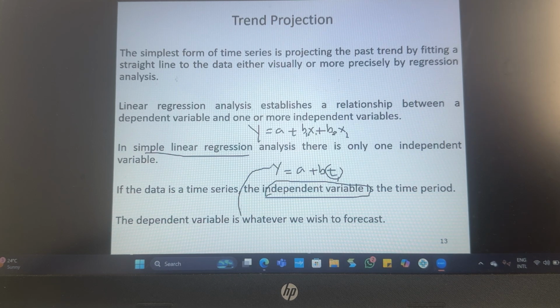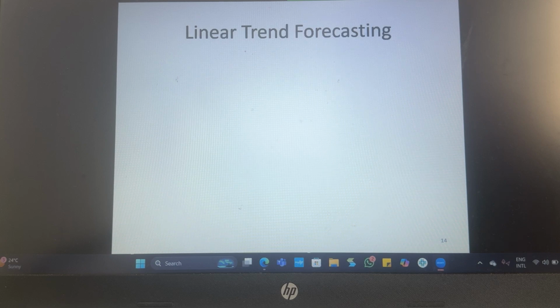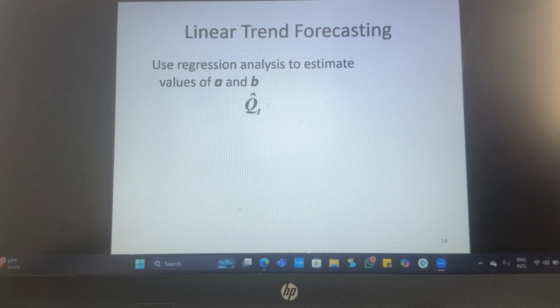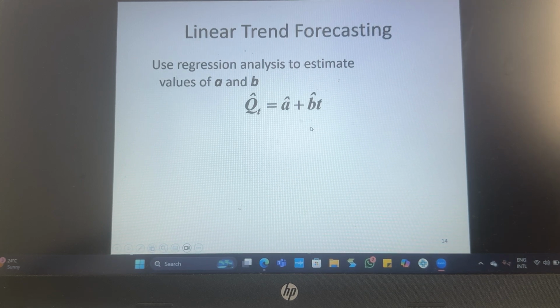Suppose that this is sales over time. So that is the time series regression that we are using. Linear trend forecasting, so this is the regression analysis. We put a hat over these parameters to say this is an estimated number.